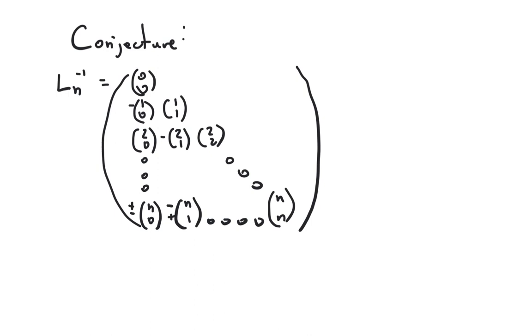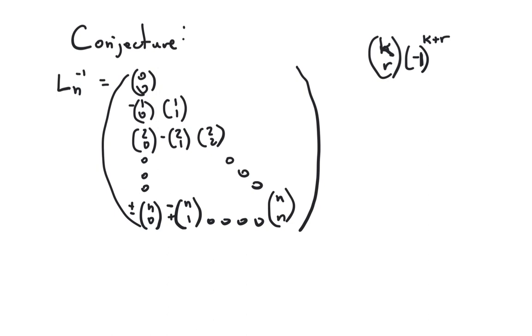Take an arbitrary term, let's say k choose r. For a k choose r term, we're going to have negative 1 to the power k plus r, since we want it negative when the sum is odd and positive when the sum is even. So that's an arbitrary term inside of this matrix.